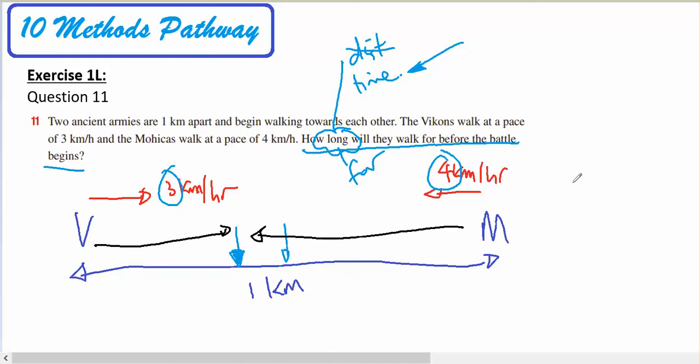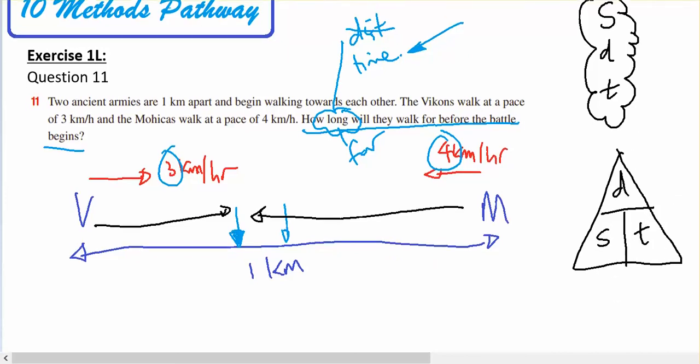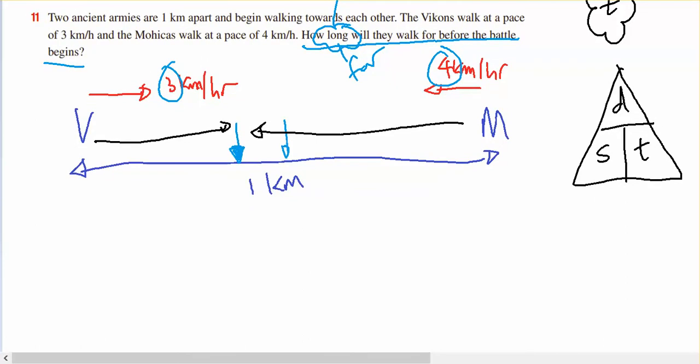So I need to do the connection between speed, distance, and time. And you may have learned at some stage that the relationship between the three of them can be gained by this, or you might remember it some other way.